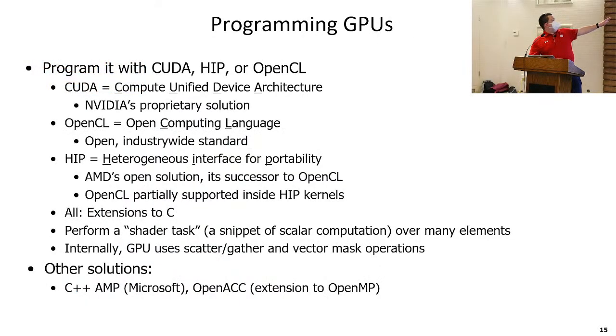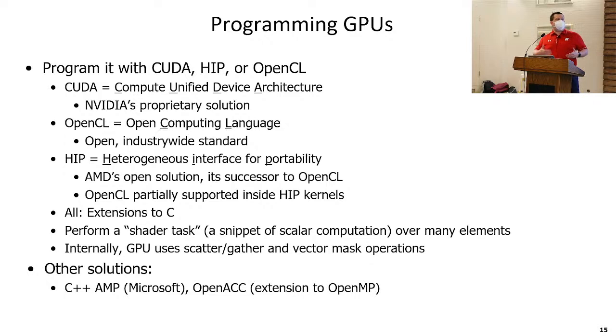And I covered this on the previous slide, but there are many ways to program GPUs. NVIDIA's solution is CUDA. OpenCL I mentioned already. HIP is AMD's solution. Ultimately, though, all of these languages are extensions to C and C++.